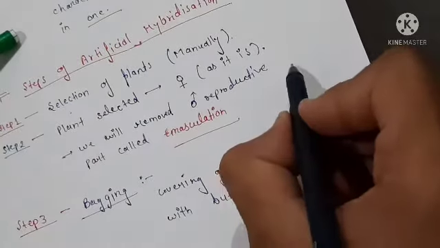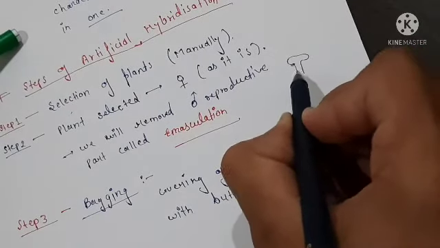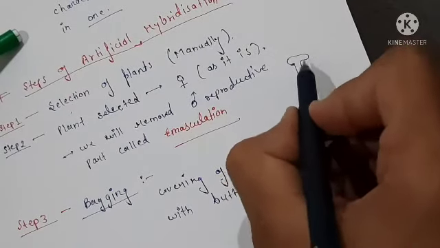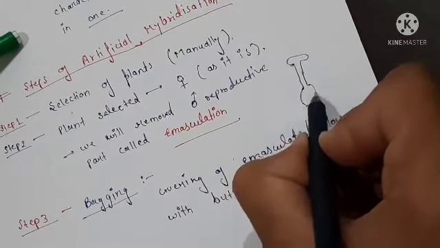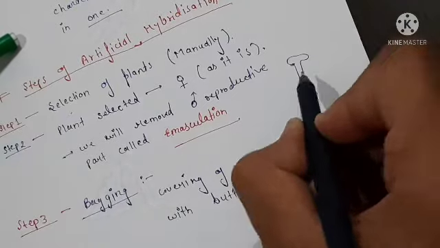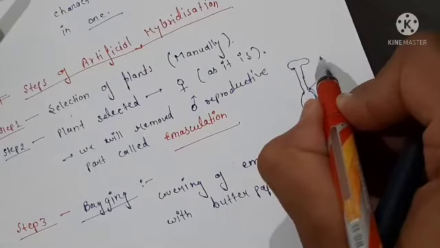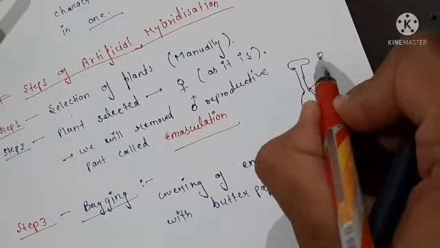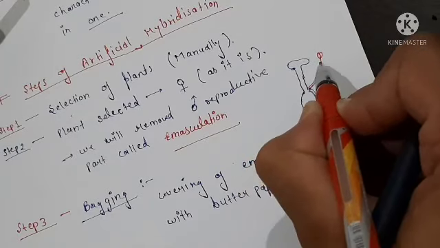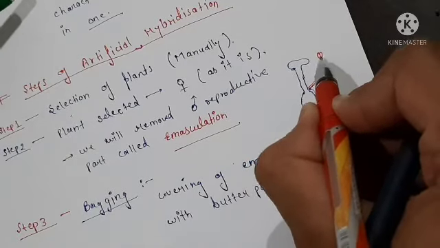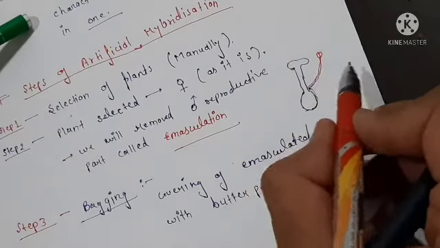If we draw the structure, this one is stigma, style, ovary, and this one is the anther, or you can say stamen, or male reproductive part.